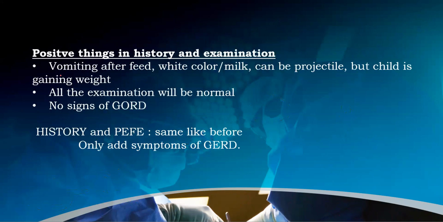So the positive points in the history were that the child vomits after feeding, and it's not an acute presentation. It's been going on maybe just after birth. It's a 4 months old child, and for the last 3 months, he's been having this vomiting. So it's not something acute. And the content is just the milk. Sometimes it can even be projectile, but the child will gain weight.